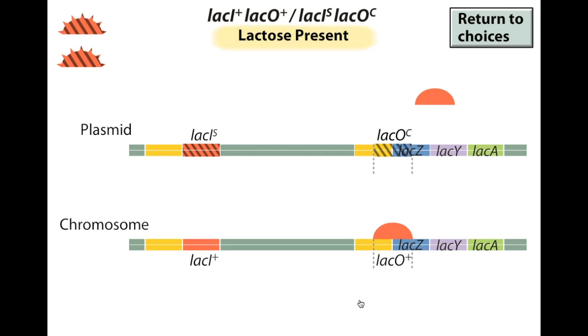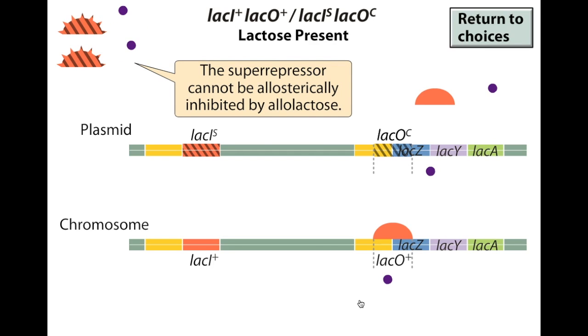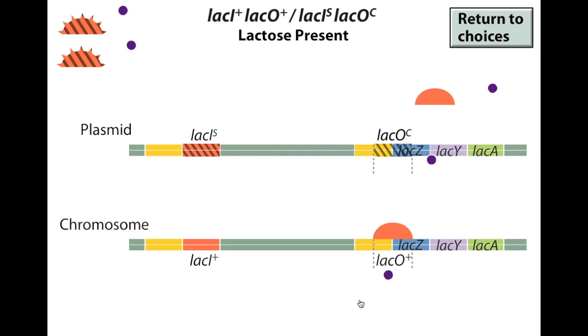In the presence of lactose, allolactose molecules are unable to bind to the superrepressors. Allolactose can allosterically inhibit the wild-type repressors so that they can no longer bind to the wild-type operator.